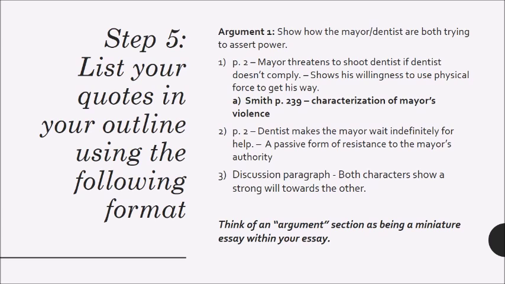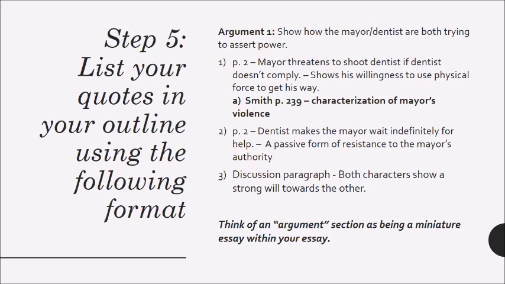And then note, underneath my first quote, I have a sub-bullet, small letter A. And there what I've done is I've inserted my secondary source quote into my outline. What I'm saying is I have found something by an author whose last name is Smith, who talks about, in his essay, a characterization of the mayor's violence in this story.